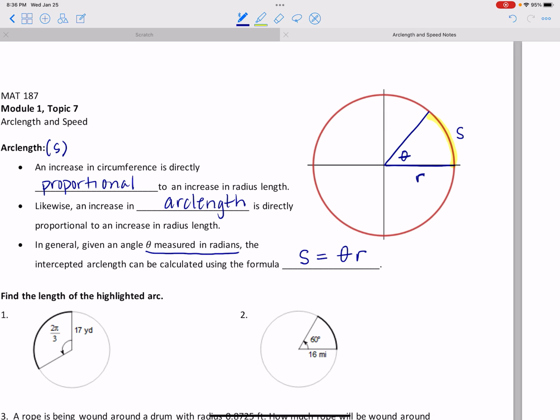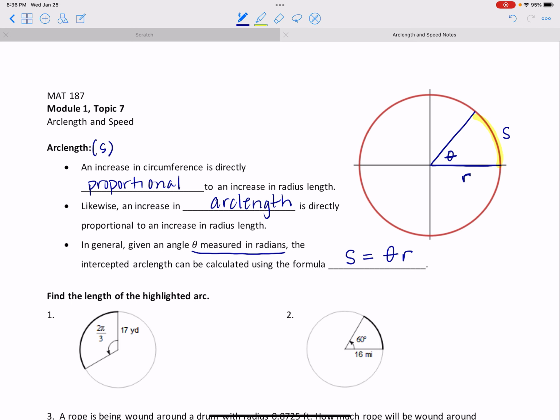Now, we could rearrange this equation. If I knew the arc length and the radius, I could work backward and find the angle. If I wanted to solve for theta here, I could divide by r. So from this formula, theta would be equal to our arc length divided by r.